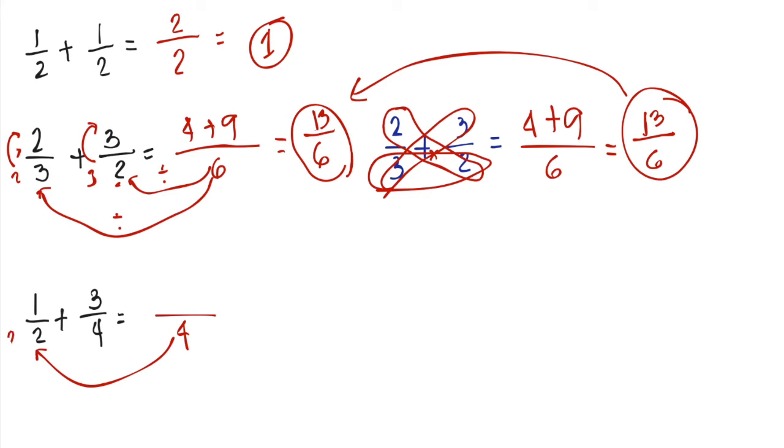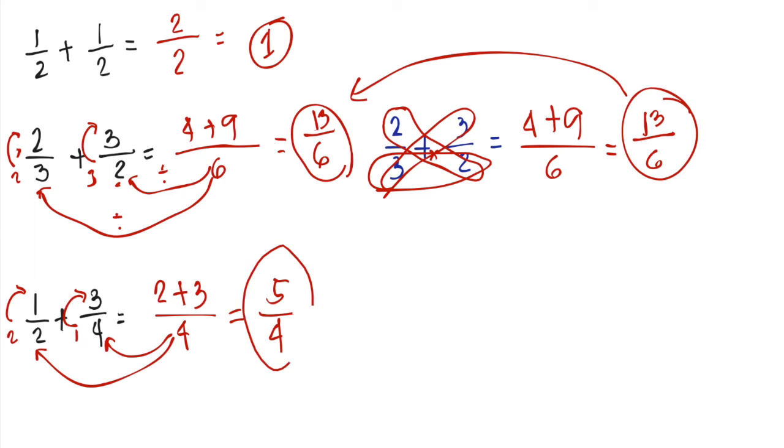Then we get 2, and multiply this with 1, and that's 2. Copying the operation, which is addition. 4 divided by 2, that's 2, and multiply it with 3, you'll get a 6. So 2 plus 6, you'll get an 8 over 4. That's our answer. Now, following the other method, let's see if we will get the same answer.